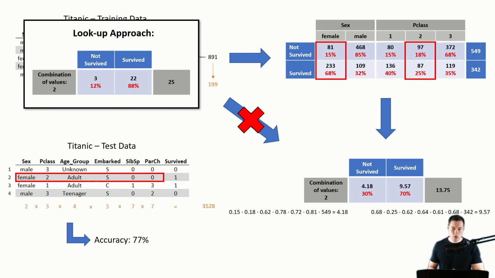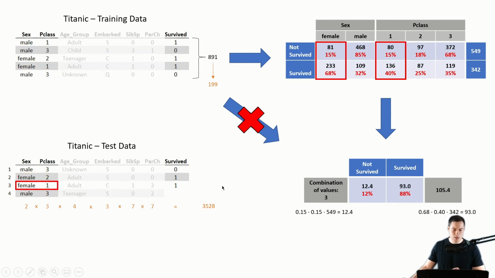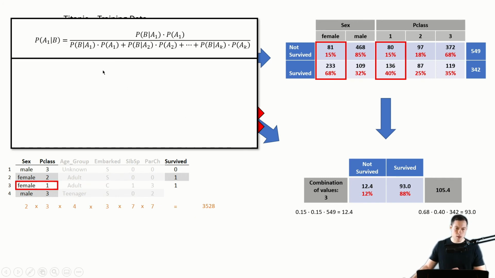So let's now get back to Bayes' theorem and check if we've actually done those calculations according to the formula of Bayes' theorem. And therefore, for the sake of simplicity, let's again just consider the two features, sex and passenger class. Okay, so now let's look again at the formula for Bayes' theorem.